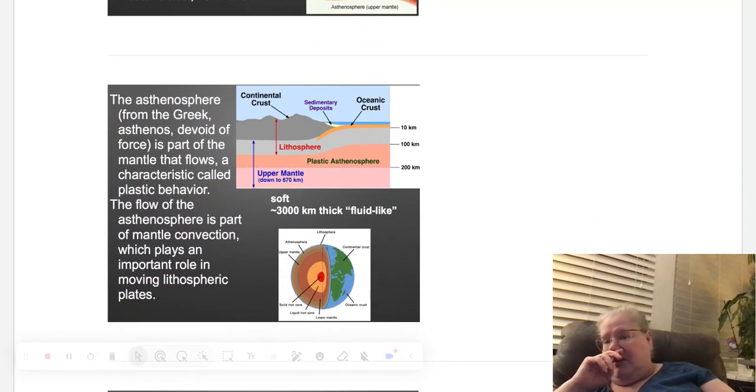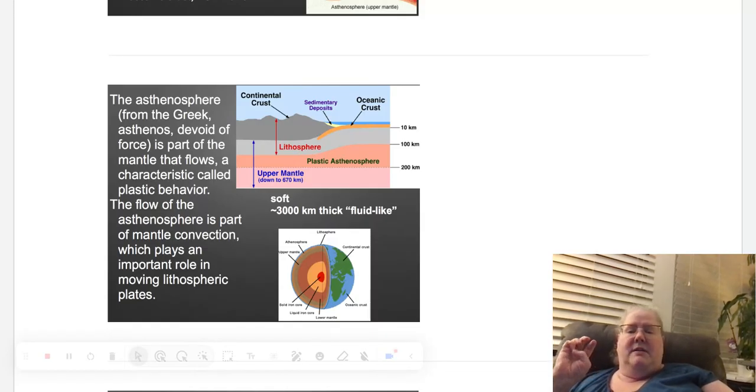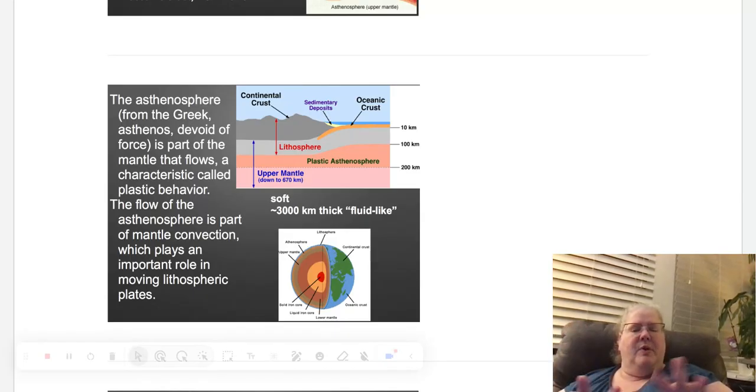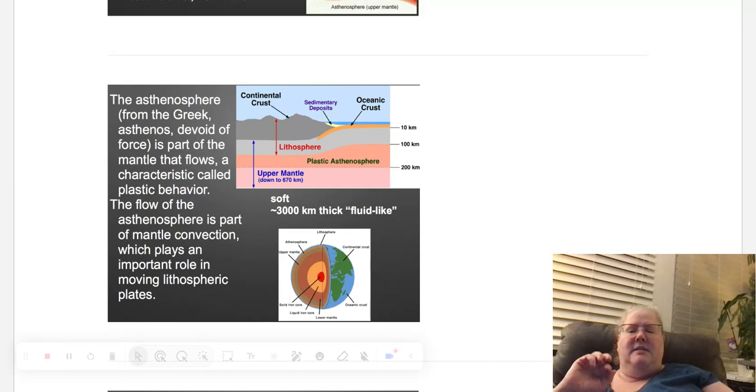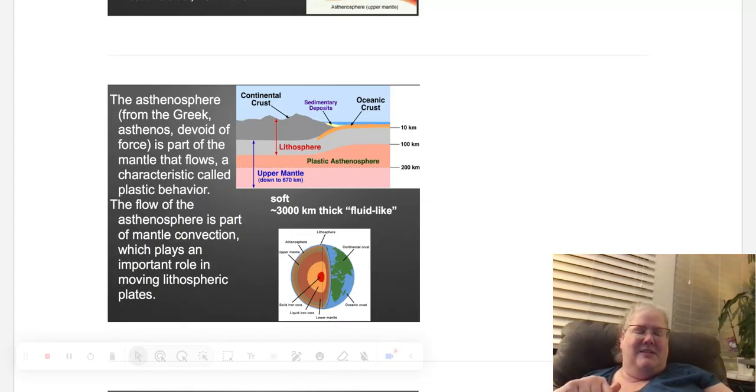So the asthenosphere is from Greek asthenos, devoid of force. Okay, it is the part of the mantle that flows, and it's called that for its plastic-like behavior. It's the part that spreads. And the asthenosphere is part of the mantle convection, which plays that important role in moving the lithosphere.